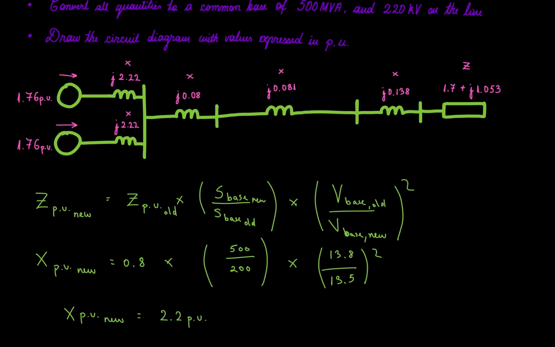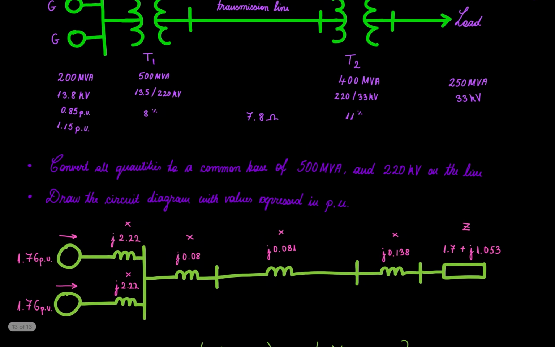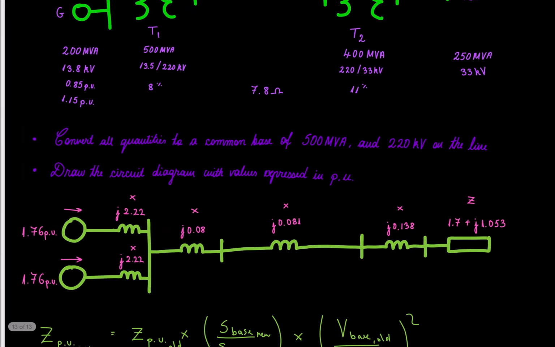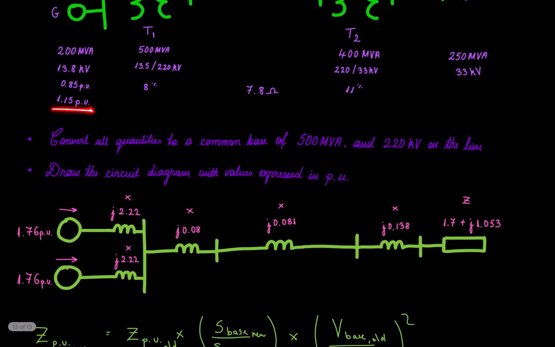What else can we find from the generator? We've done the reactance. We can find the new voltage, the new generating voltage in per unit at each generator. So this is the old one, and we're going to find the new ones based on the common base we're going to be using.